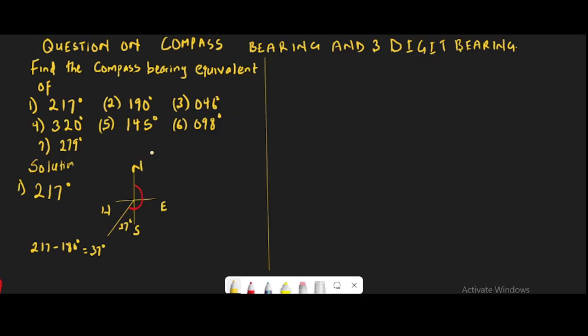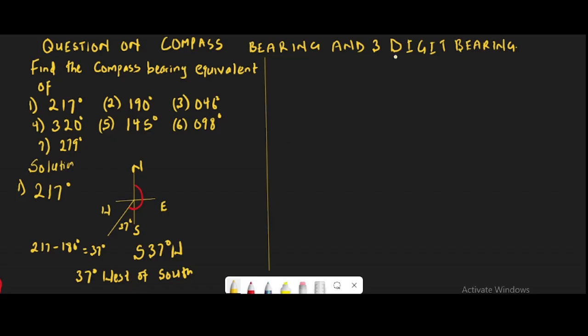In compass bearing notation, we have S 37 degrees W. That is south 37 degrees west, or alternatively 37 degrees west of south.